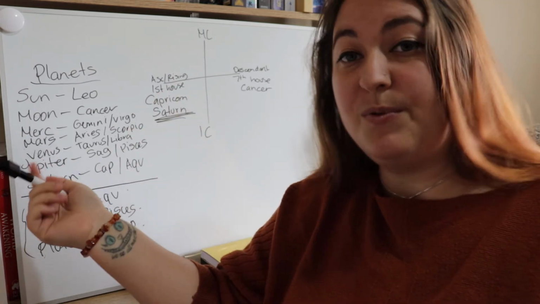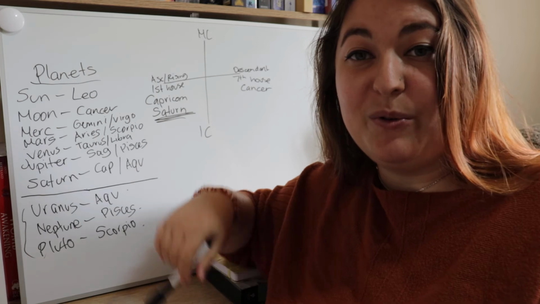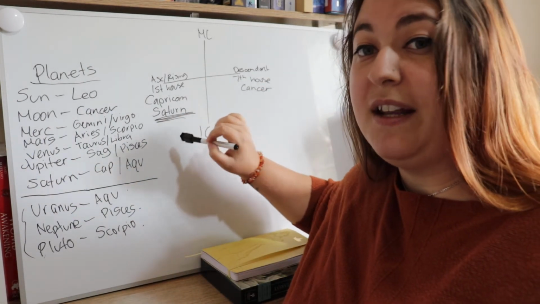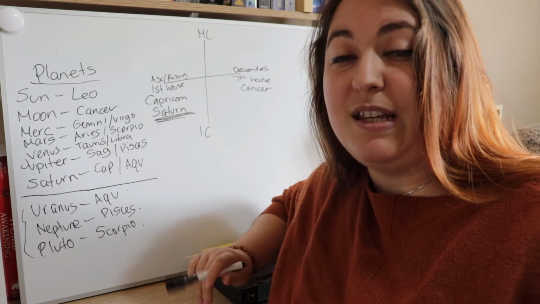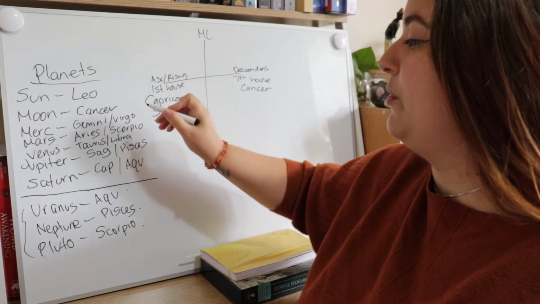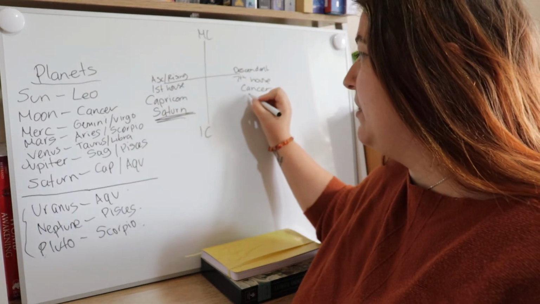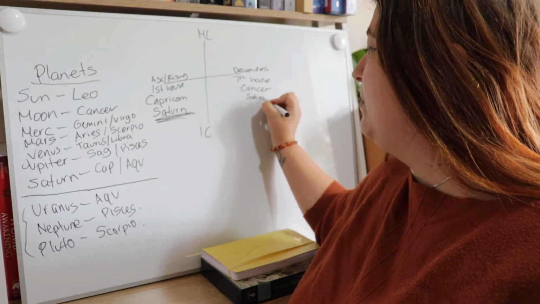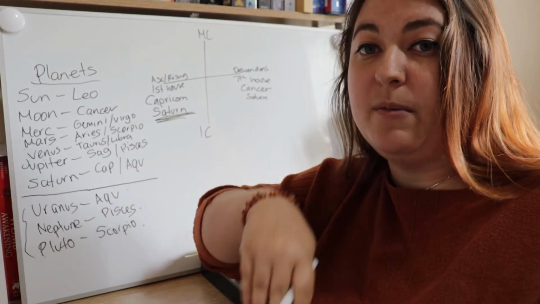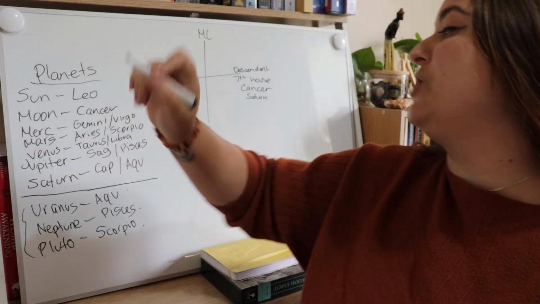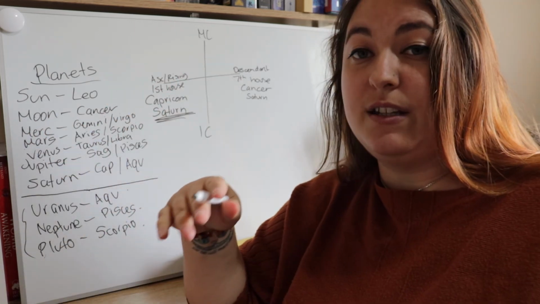For me, it's quite simple because I have a stellium in Capricorn, so my Saturn is located in the first house. Your ruling planet is not necessarily going to be in the same house. You could have a Capricorn rising, but Saturn might be situated over here in Cancer, for example, or in Leo, or somewhere else in your chart. It doesn't change the fact that it's your chart ruler.